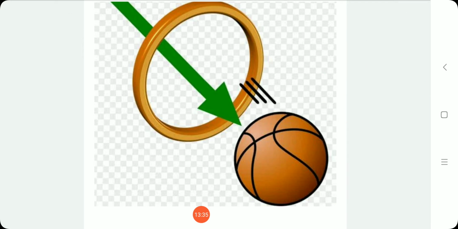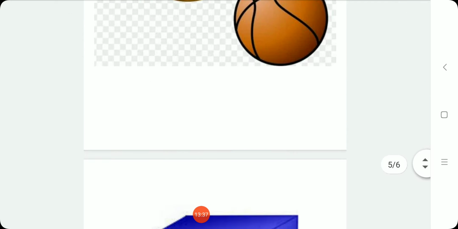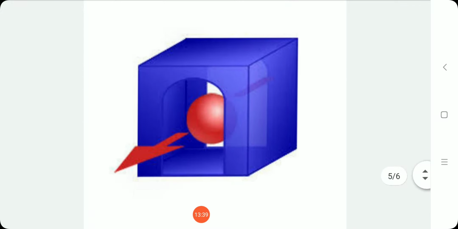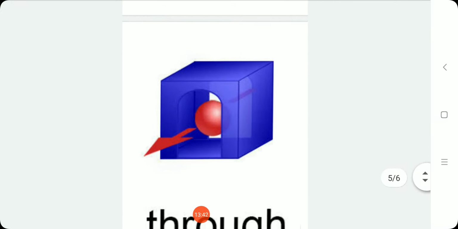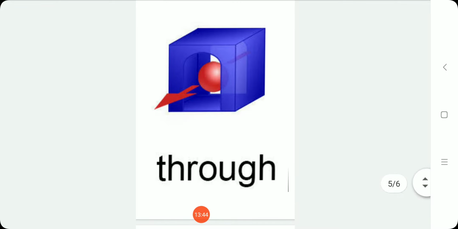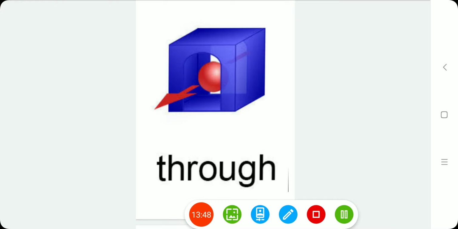So the next one, you can see this picture. How can you make a sentence for this picture? Imagine this blue color box as a tunnel. How can you make a sentence for this picture?